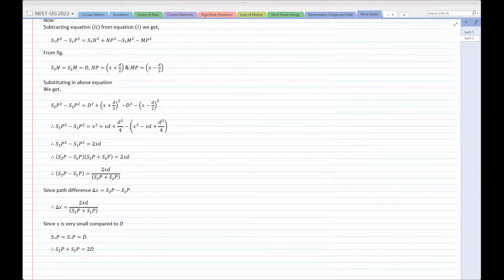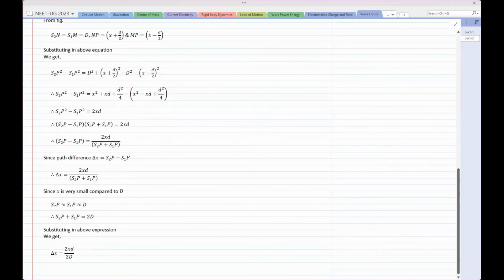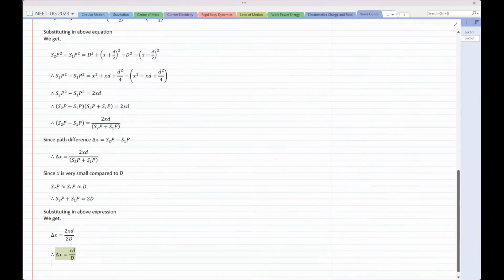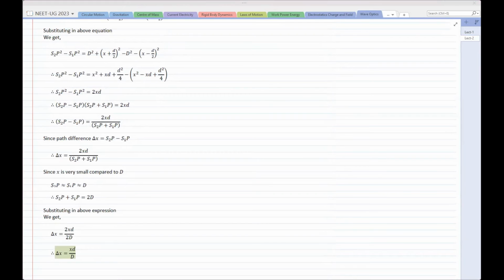Substituting this in our expression, we get delta x is equal to 2xD upon 2D. Hence delta x, the path difference, is small x small d upon capital D. That is how we get the path difference.